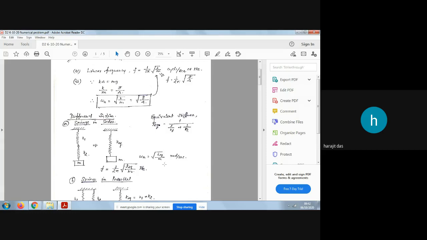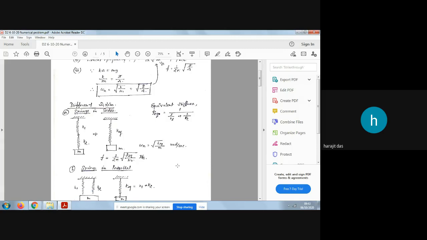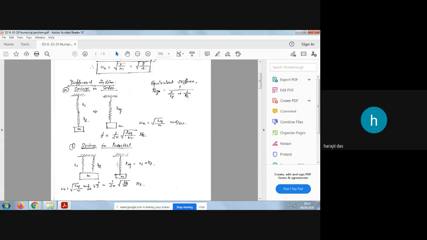So for this, the natural frequency is given by this formula and the linear frequency is given by this formula. Its unit is also hertz. Small f unit is hertz. Omega its unit is radian per second. I am repeating it again and again because if you don't remember these units, you will be stuck in some problems. Okay, now you can see the parallel connection of the springs.